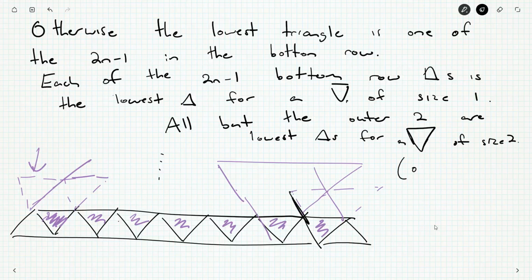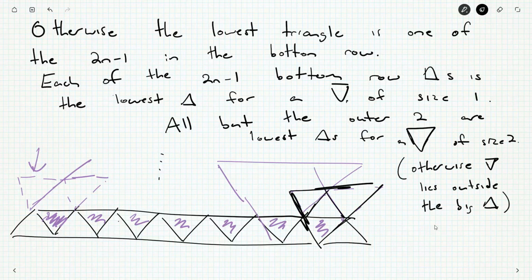And here's where I would draw my picture of you don't want to go outside. Otherwise, the triangle lies outside the big triangle. We're using the word triangle a lot. You might want to define terminology like the big triangle, a downward-facing triangle, a lowest triangle, a single triangle, a peak triangle, those sorts of things. Okay.